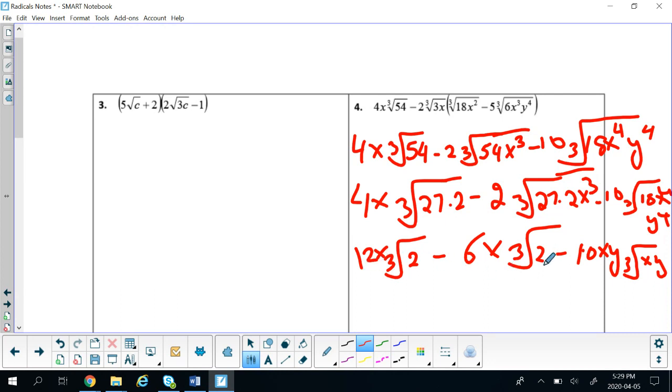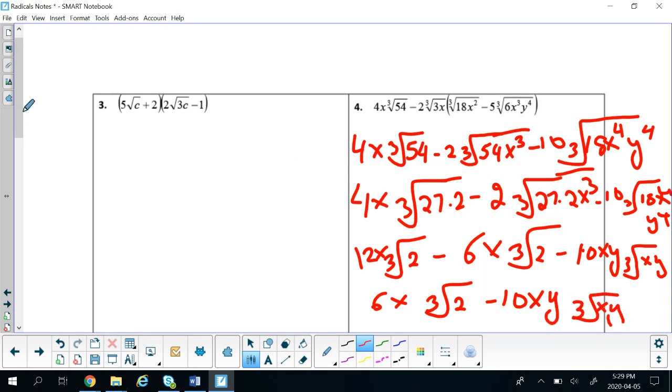So again, we can subtract two radicals only if our index is same. So we have index 3 here, and the radicand is same. So radicand we have 2. So we can simplify first two terms here. Okay, so 12 take away 6 is 6, x cube root of 2 minus 10xy cube root of xy.